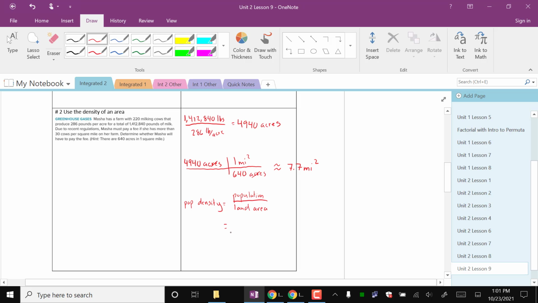So the population we have from the problem is 220 cows. The square miles we just solved for in the previous problem, so that's going to be 7.7. If we take 220 and divide it by 7.7, we get 28.57.